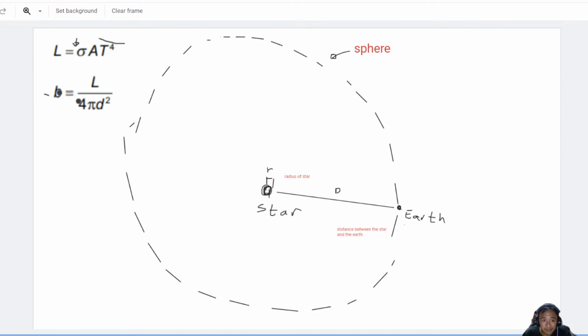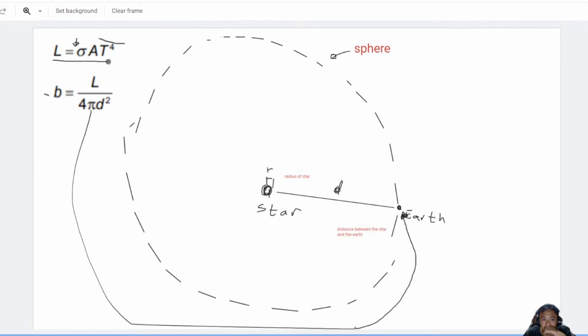So let's go back to how to derive these. This brightness here, this is where you apply brightness. Now, where do you apply luminosity? You will apply this equation, the luminosity here.